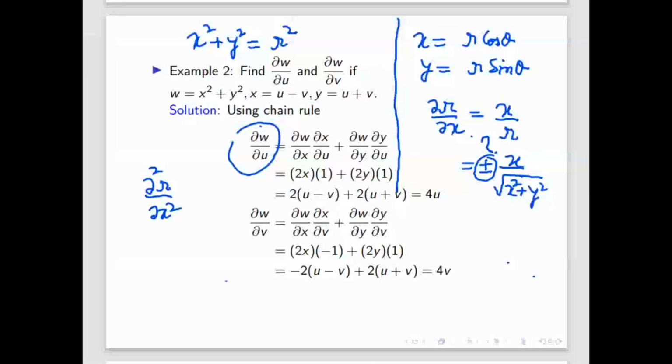So what you did, you calculated r as a function of x square and y square. So you differentiated and you got x by r. How did this x by r come in the picture?